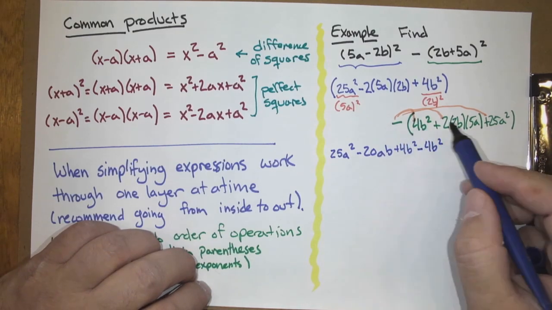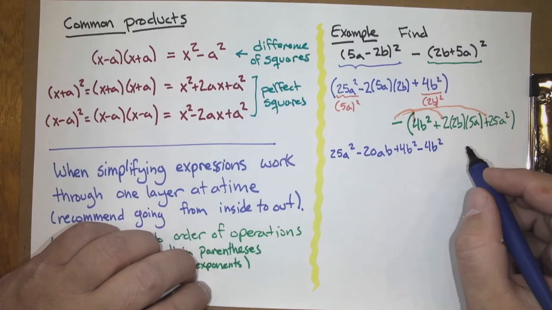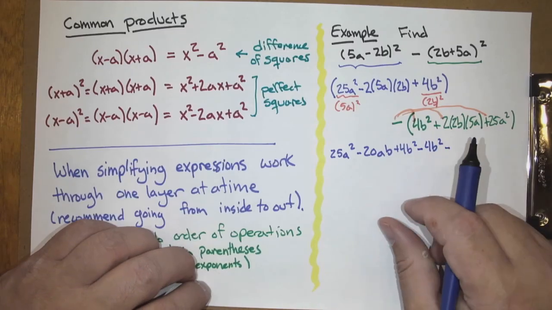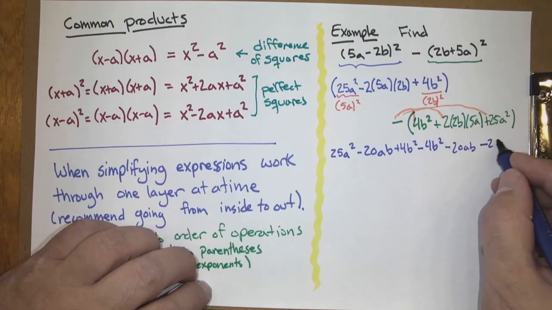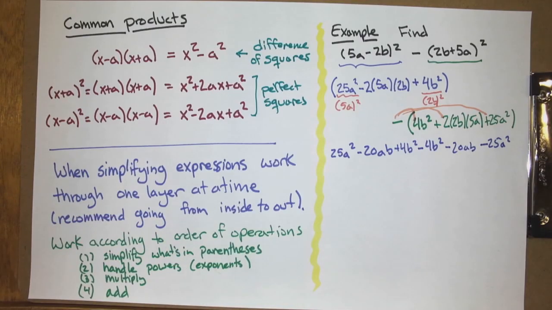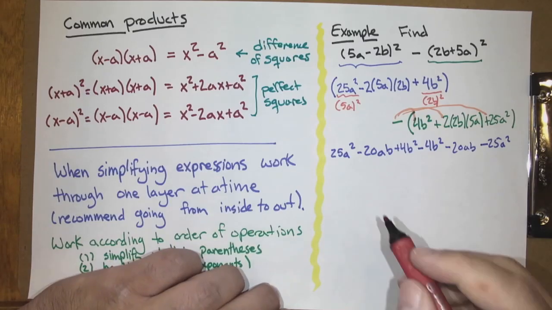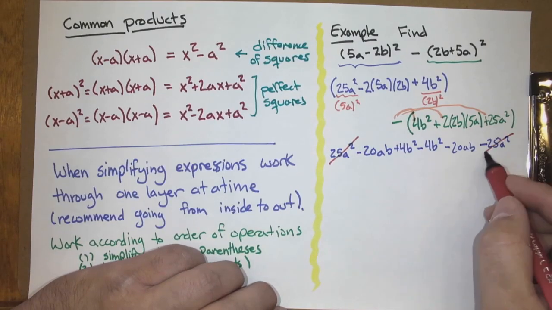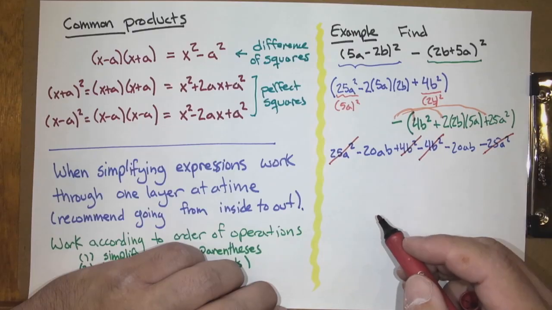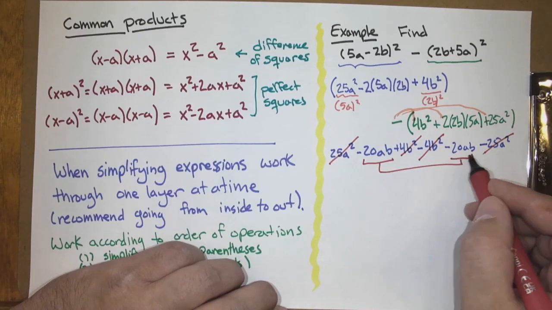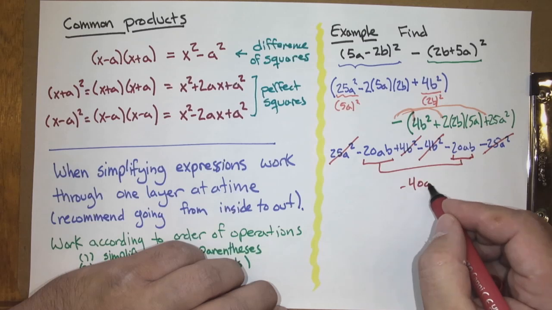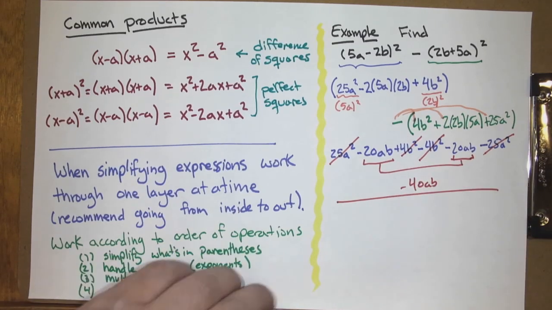Minus 2 times 2b times 5a becomes minus 20ab, and then minus 25a squared. Okay, does anything simplify? The 25a squareds, the 4b squareds. So what do we end up with? Negative 40ab. All right, we're almost out of time.